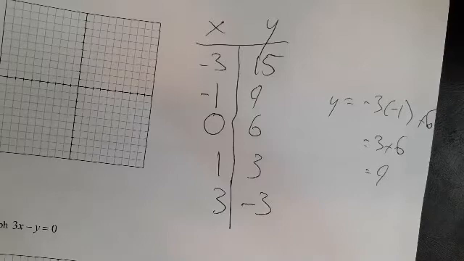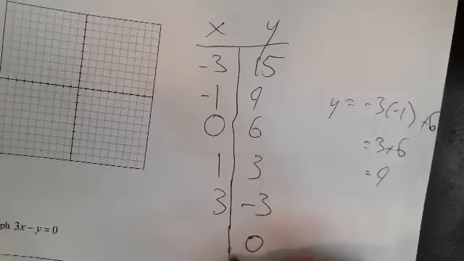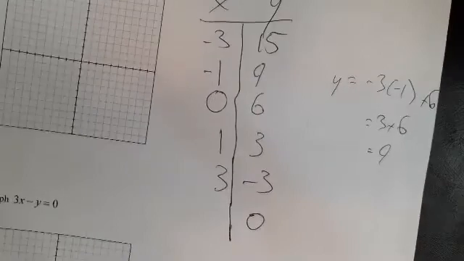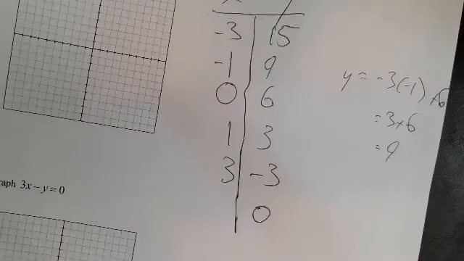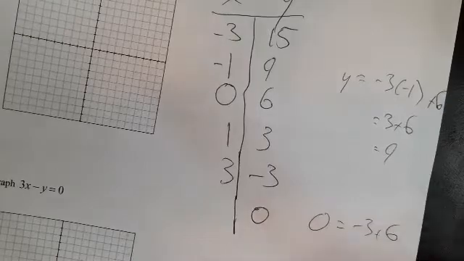So I plotted these points, and then I noticed I didn't have my intercept. I could always find my intercept if I want. So if I plug in 0, you might even be able to guess where the intercept is just based off of the numbers I have. If we plug in 0, I'm going to get 0 equals minus 3x plus 6.